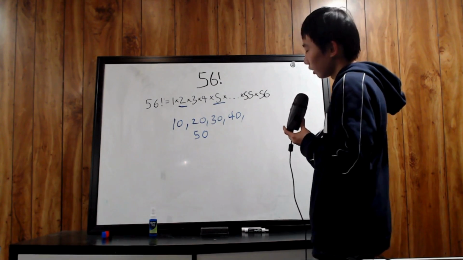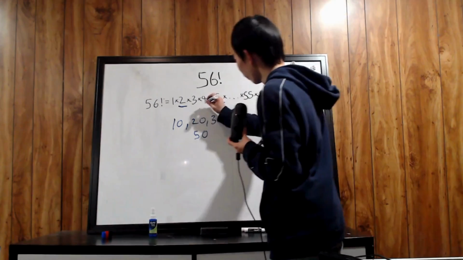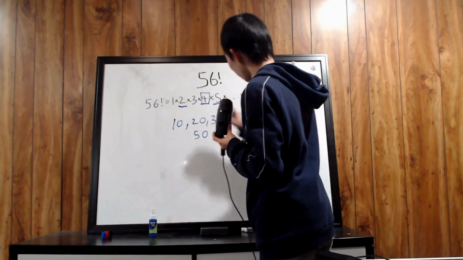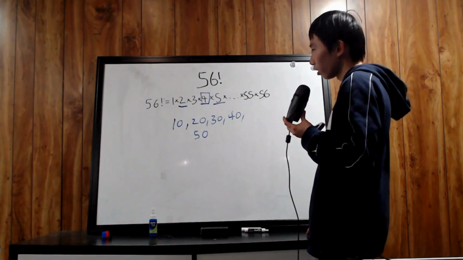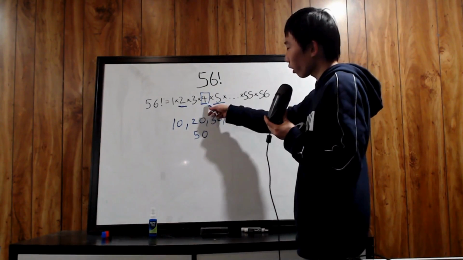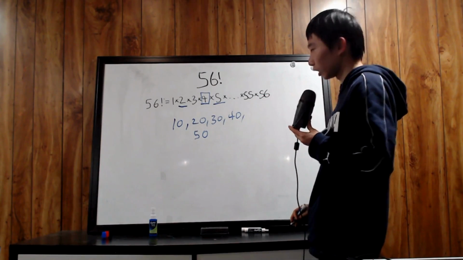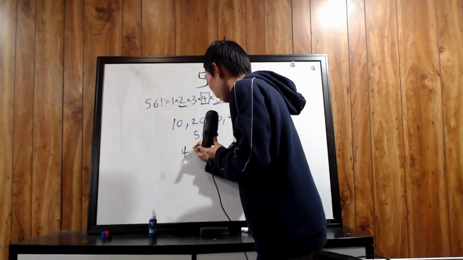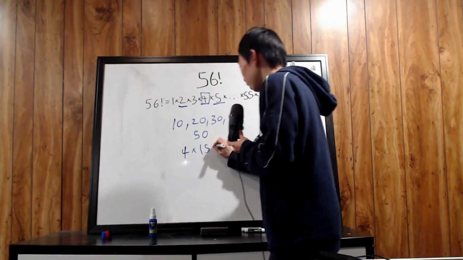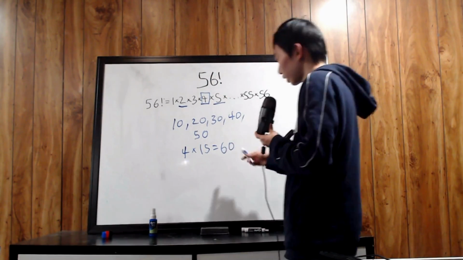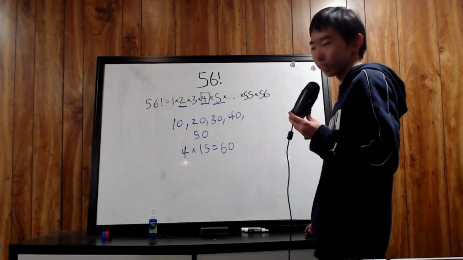In fact, why don't we take a look at 4? If we take a look at 4, well, we know that there's a 4, and somewhere in 56 factorial, there's also going to be a 15. And we know that 4 times 15 is equal to 60, which has another factor of 10.